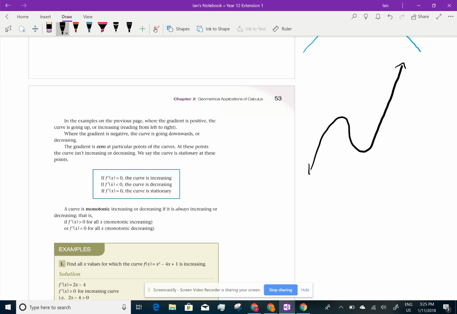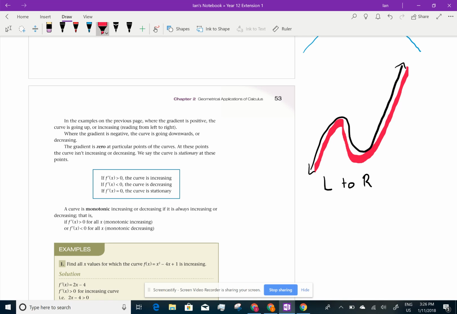We tend to think of curves on the Cartesian plane from left to right, and we want to know whether this curve is increasing or decreasing. If I'm going along here, it's going up, going up. Oh, it stops. Now it's coming down. Oh, it stops, and then it's going up.